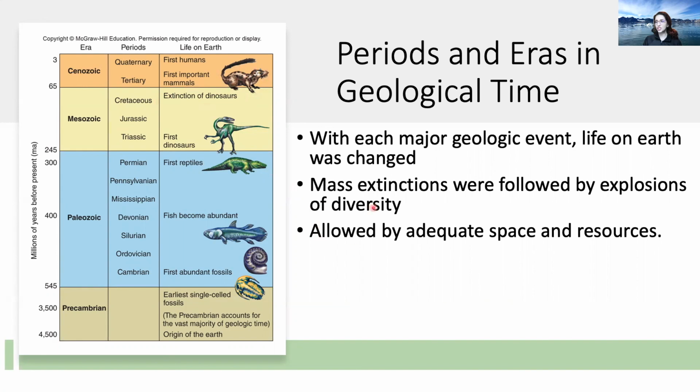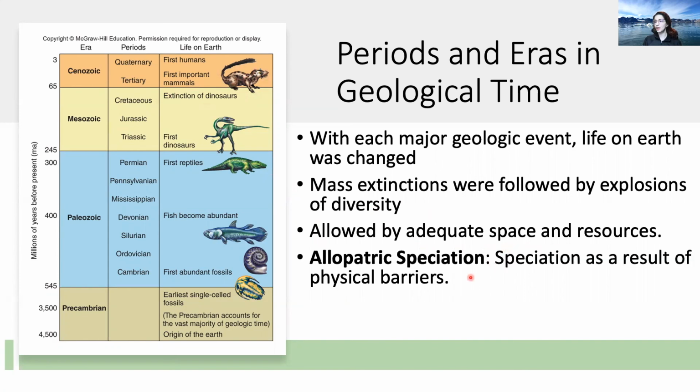So the extinction events allow the opening up of adequate space and resources for biological diversity to take hold. We get new species through this process through what we call allopatric speciation. And this is speciation as a result of physical barriers.